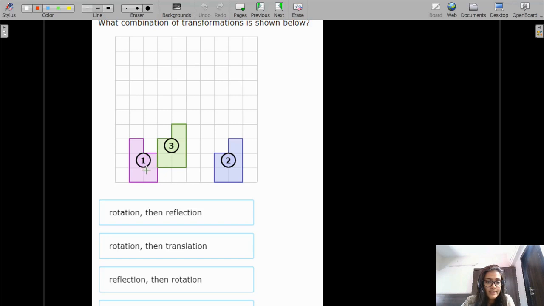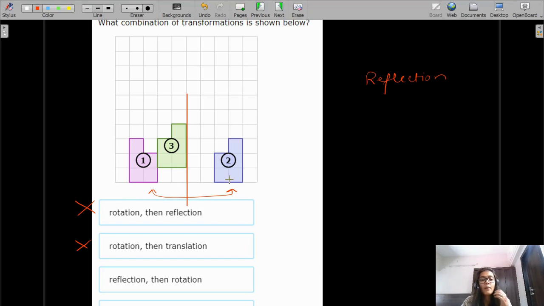Now if I see number 1 and number 2, this looks like the case of reflection under this axis. Number 1 and number 2, first reflection is happening. So this option cannot be correct, this option cannot be correct.